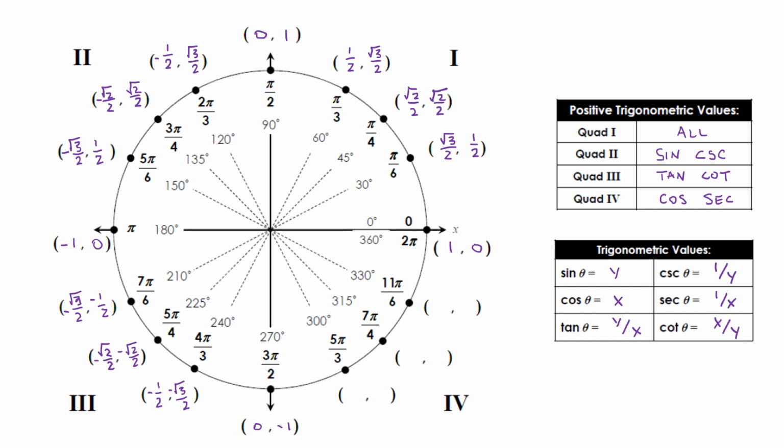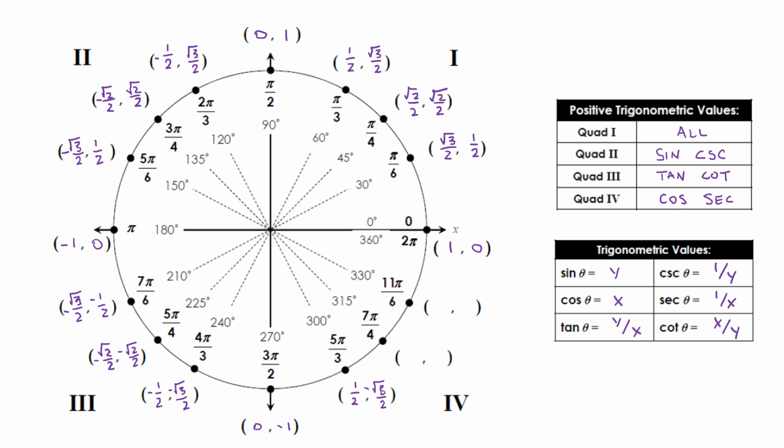In quadrant 4, we know cosine is positive, so that means all the sine values are going to be negative, and we know sine is the y-coordinate. So 300 degrees has a reference angle of 60, and the point for 60 degrees is 1/2 and square root 3 over 2. But we know in quadrant 4 only cosine is positive, so that means our y-coordinate is negative.